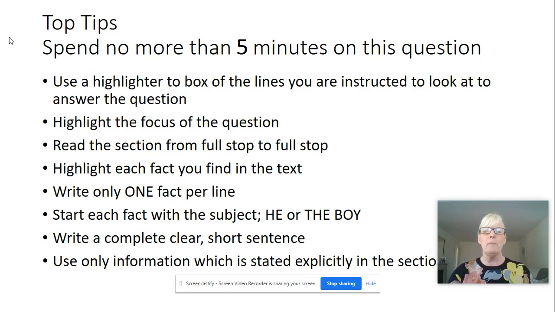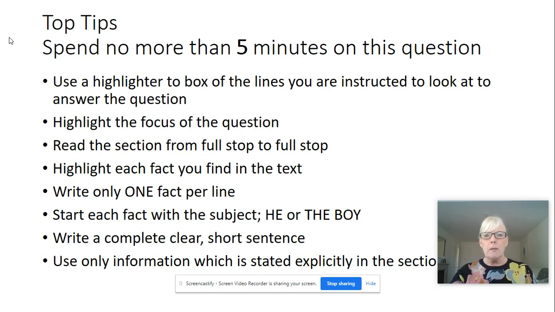Now, if you are one of my students, you should be able to look back in your yellow books and you should have written down all these instructions. If you don't, or you're not one of my students, then please write these down. You can't spend any more than 5 minutes on this question because we need to get through the whole of the paper.